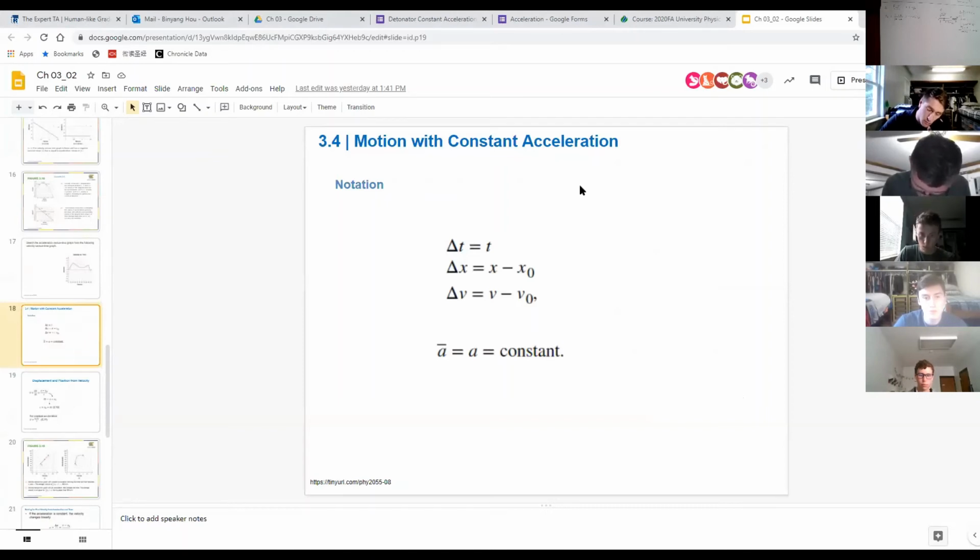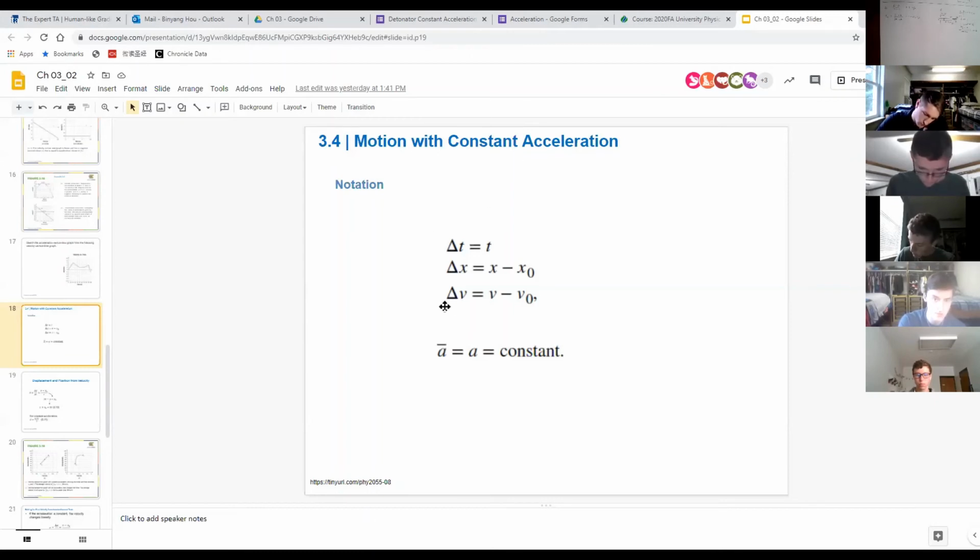Let's look at them together and see what in general we have out of all these quantities. To do that, we check the simple case of constant acceleration, which means acceleration throughout the motion of the object is not changing. A is constant.